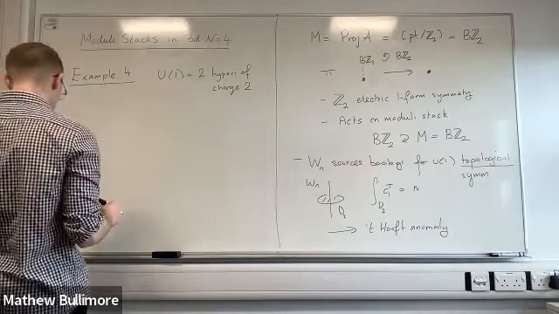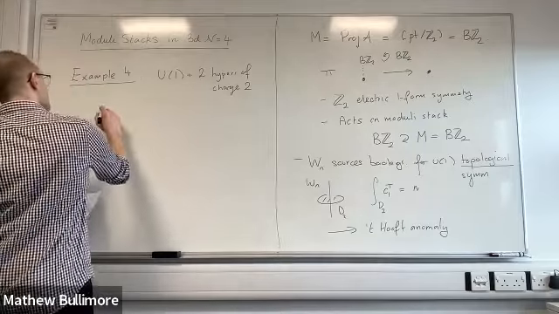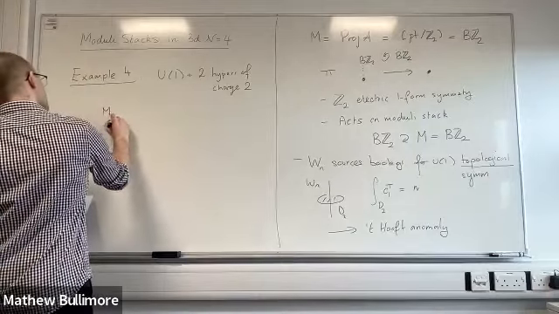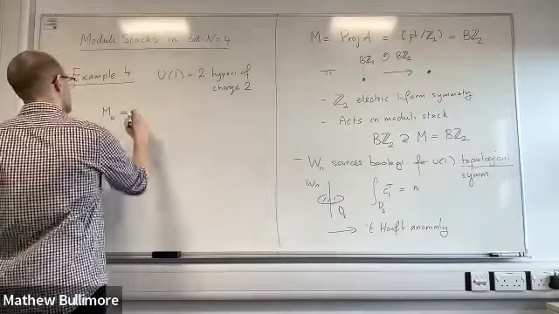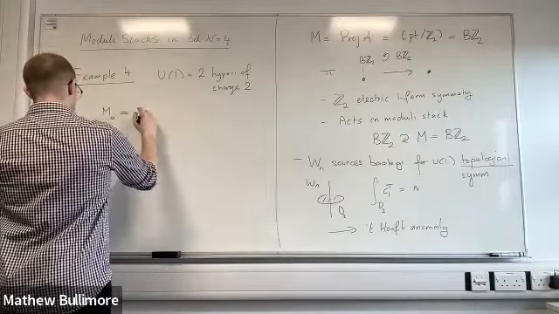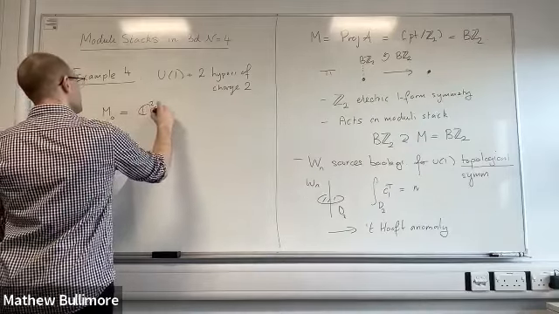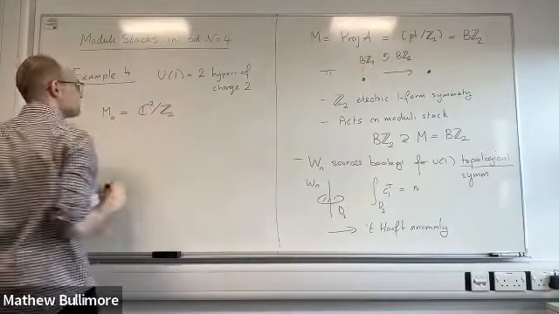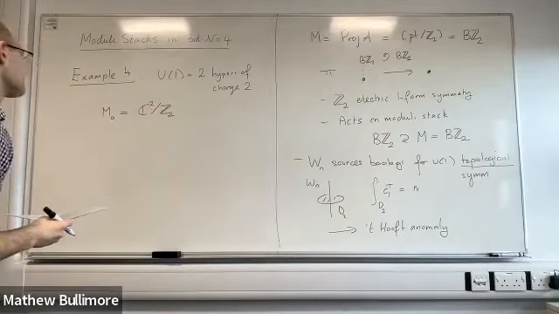Let me try to tell you what the moduli space looks like. If you look at M0, the underlying Higgs branch moduli space, what do you get? You basically just get C2 mod Z2. So it's just like before.